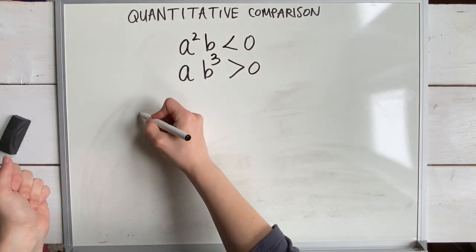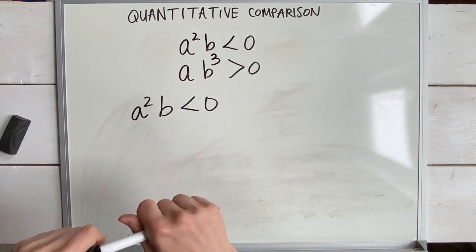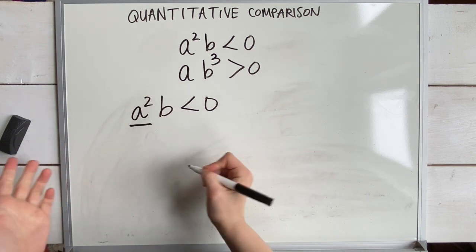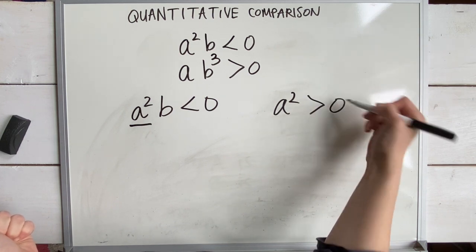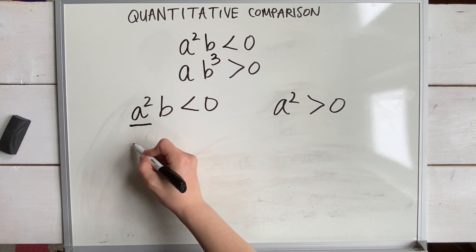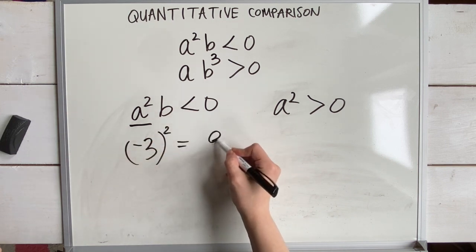Let's take a moment to understand what this is actually telling us. So let's start with A squared B is less than 0. If we square a number, that number is going to be positive. So we can write that like this: A squared is greater than 0. And you can see that, for example, if you square -3, that's going to be positive 9.